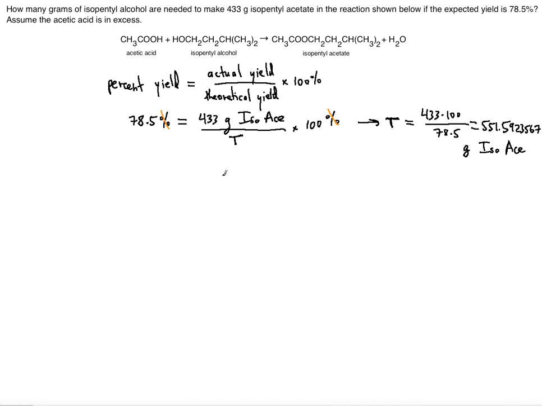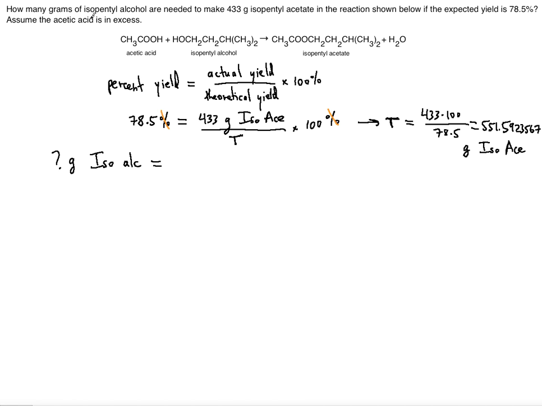So now, how are you going to use this 551? You need to find the number of grams of isopentyl alcohol by using this number, because that's what the problem asks.